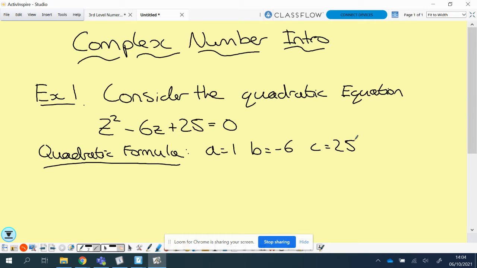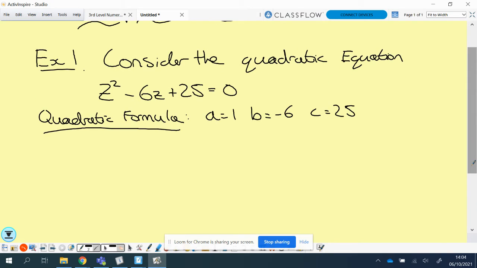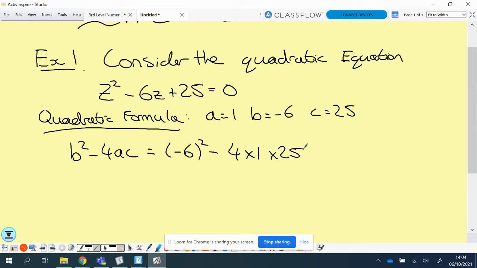If I check the discriminant first of all, which is always the first step, that's b squared minus 4ac. That gives me negative 6 all squared, take away 4 times 1 times 25, which is negative 64.